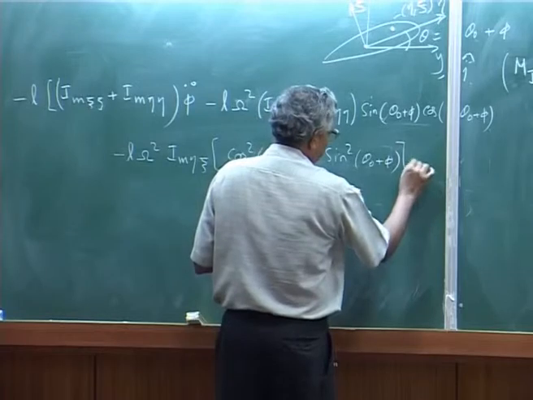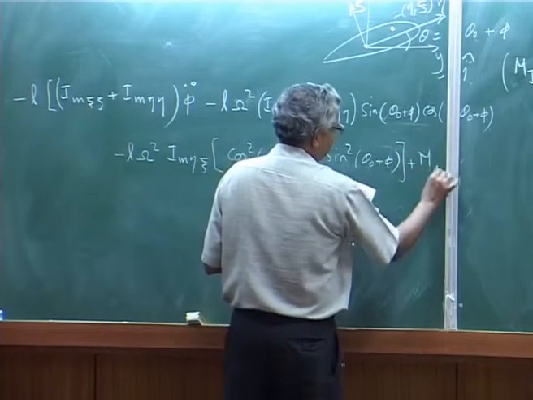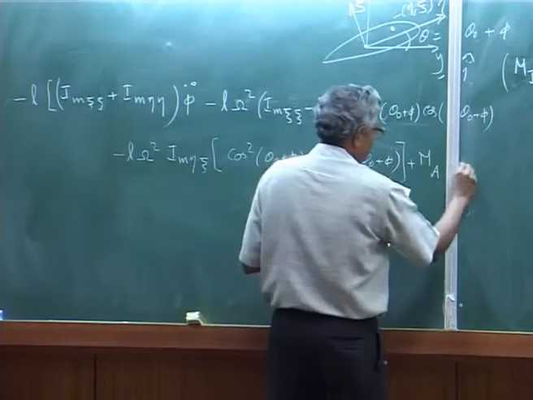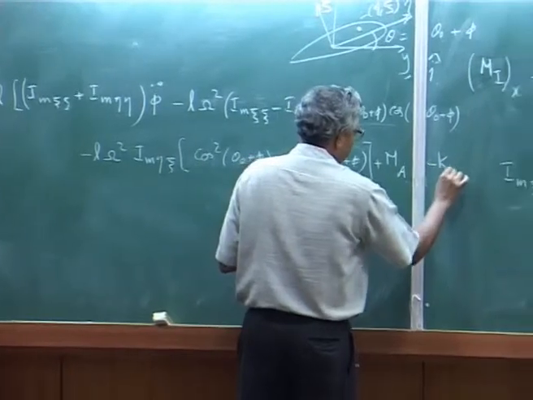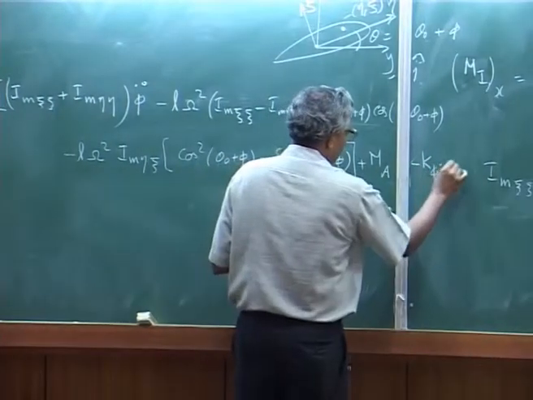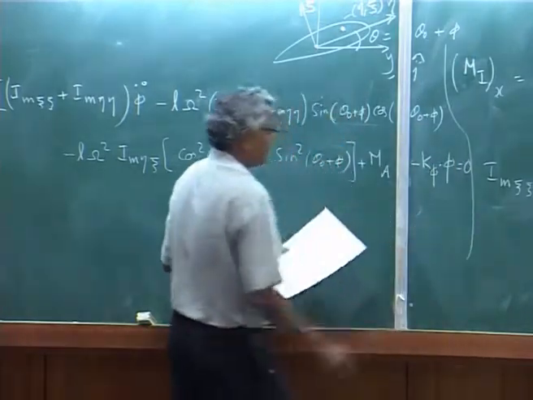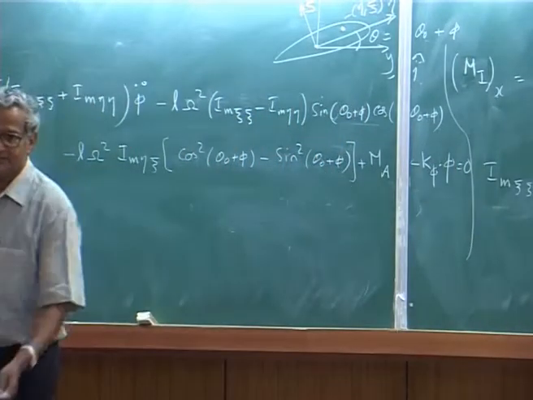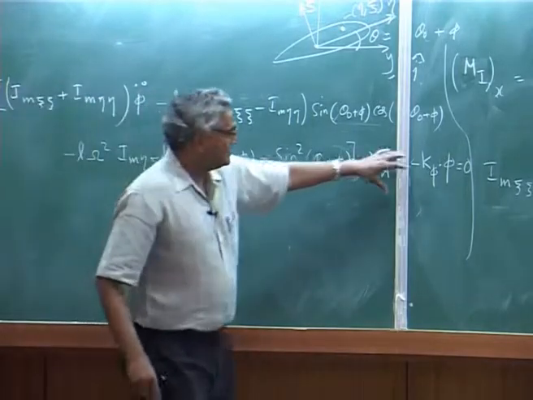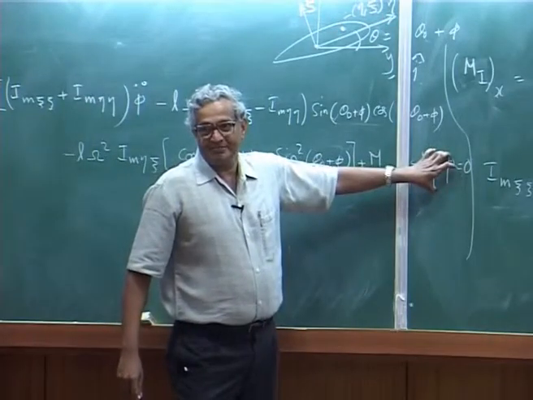Then you put an aerodynamic load M_A, and this other load will be k_phi into phi, equals 0. This is my equation, because this is the moment due to spring.